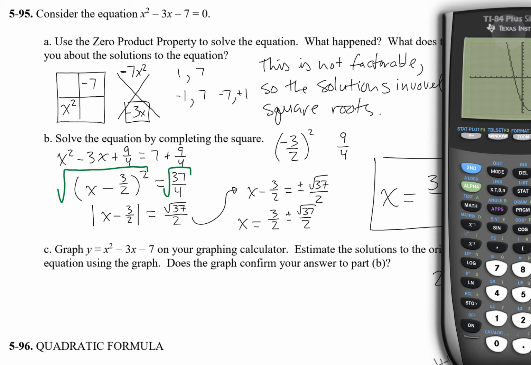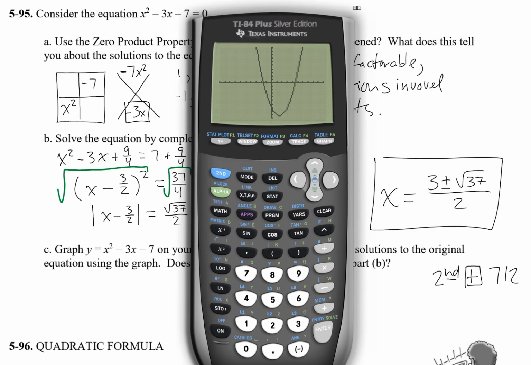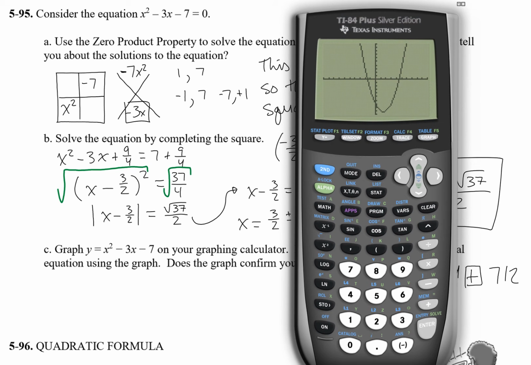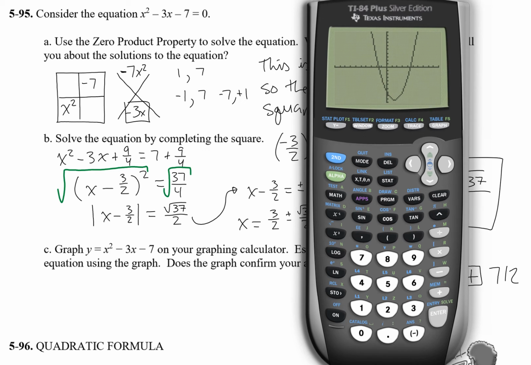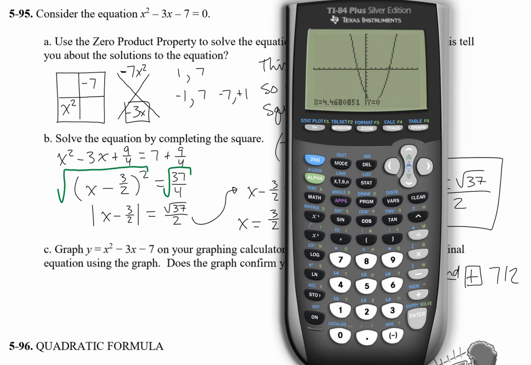Okay. So I'm going to estimate these solutions. So let's look at it. If I move my cursor over here, I've got x is about negative 1.17. And if I come over here, I'm looking at 4.46.